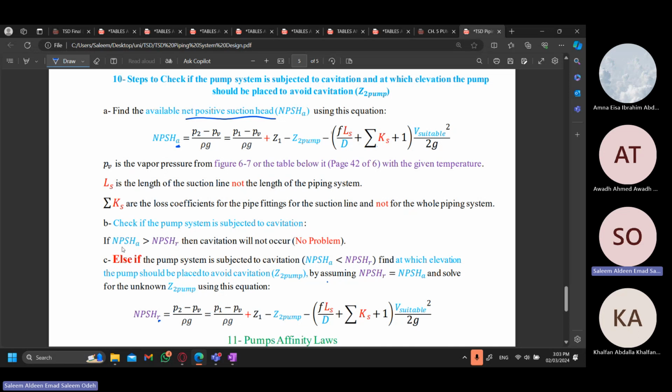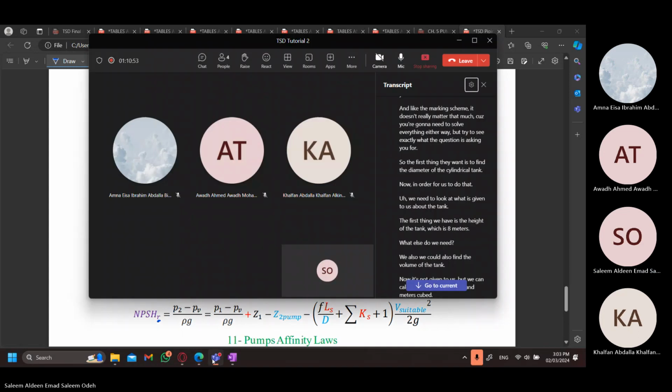So if you're calculating the initial net positive suction head, then make sure you write the A. But if they gave you the A and they told you to find the delta Z, let's say, or the length, whatever, then use R. Was that clear, or do you want me to rephrase? Yeah, understood. Any other questions?